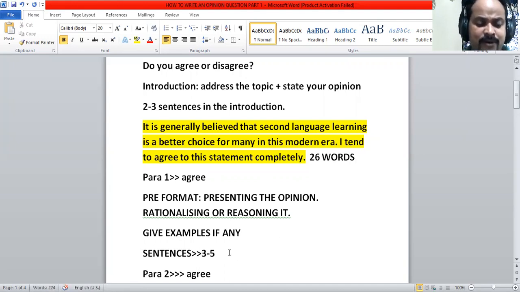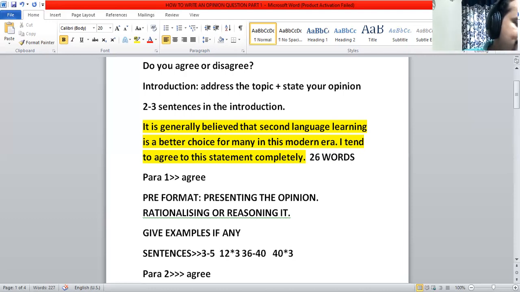And here I have written 12 words, and we are writing 3 sentences. So we get only 36 or a maximum of 40 words, on average. So you are writing 40 words in one paragraph. 40 into 3, it's 120.